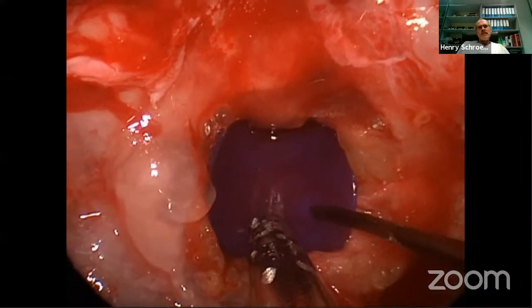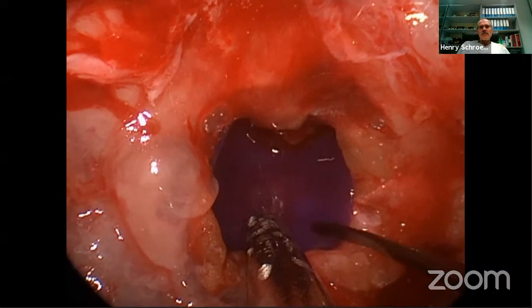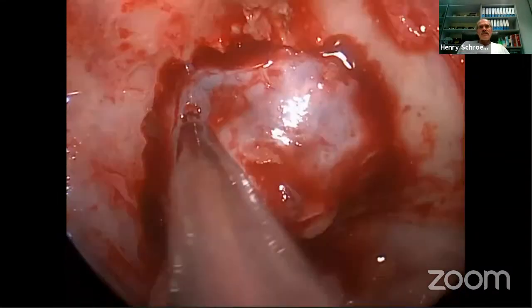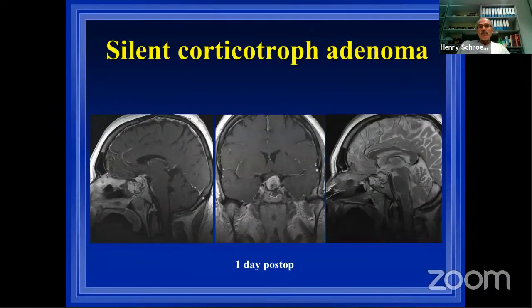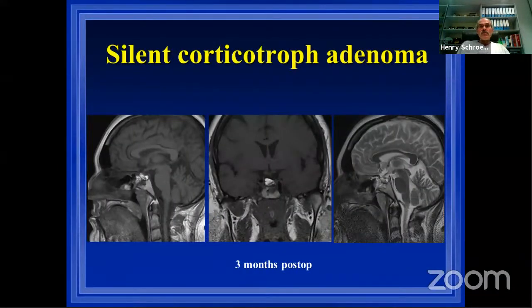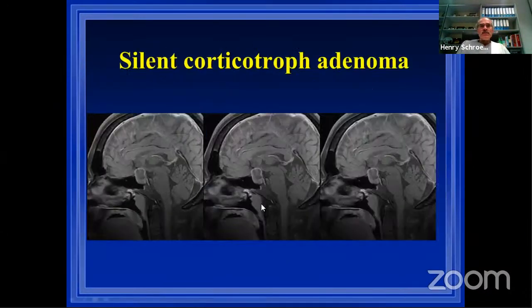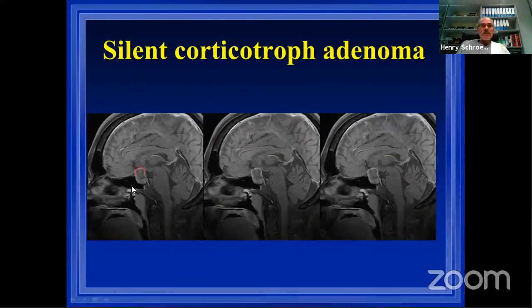And then again, I use this resorbable plate, which gives a good buttress. And then another fat. And this is the post-op result. And this is after 3 months. And now you see after 1 year, the fat is almost completely gone. But it's interesting, when you look at the image, we think the diaphragma is pushed up and we can cut here, it's no problem.